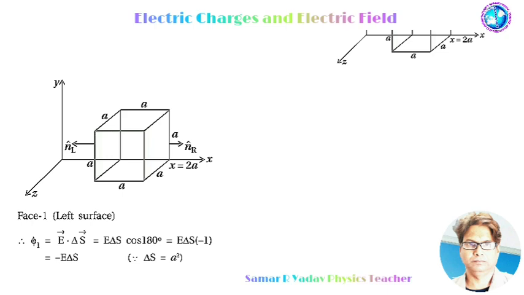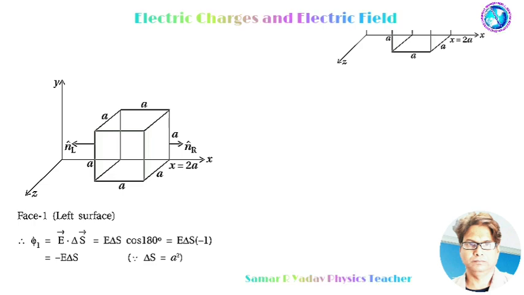The cube has one face kept on the x-axis, the left face at a distance of small a and the right face at a distance from the origin of 2a. Unit vector on the left hand side is nL and on the right hand side is nR.